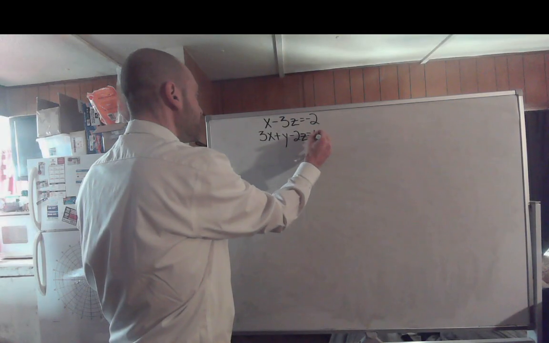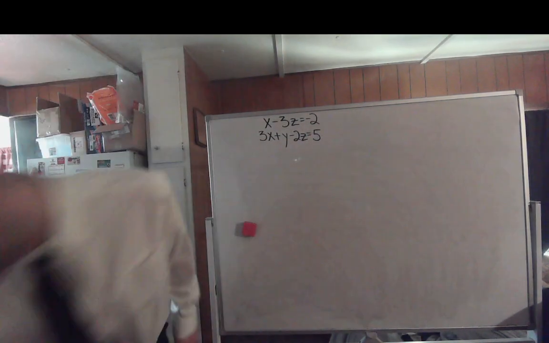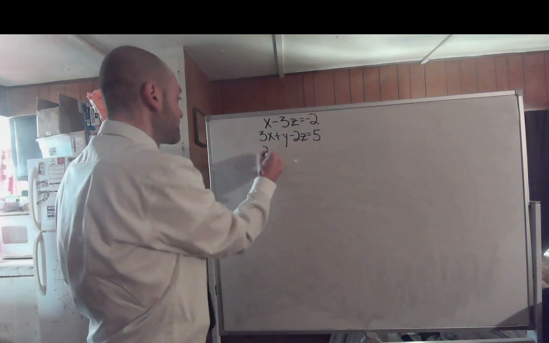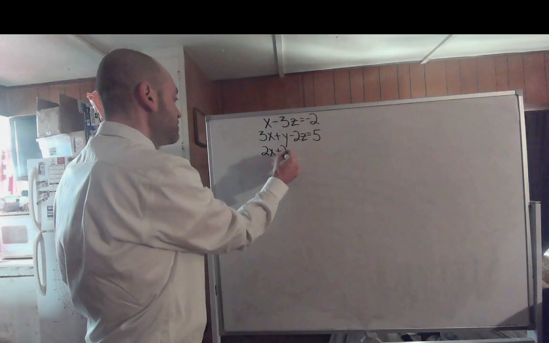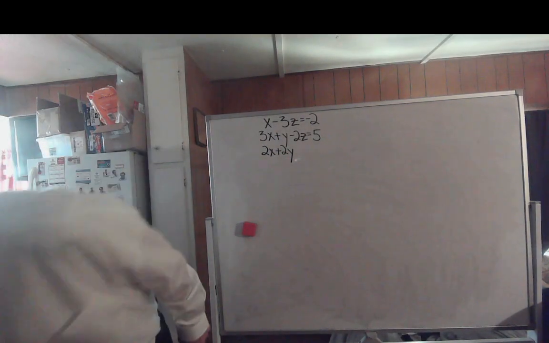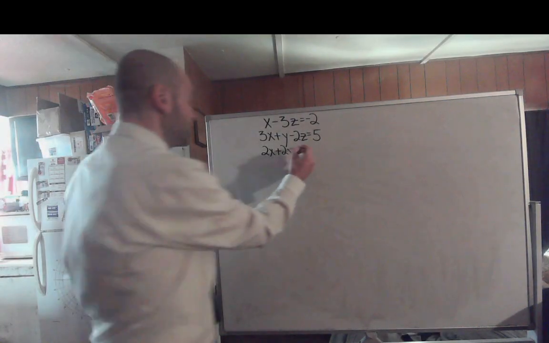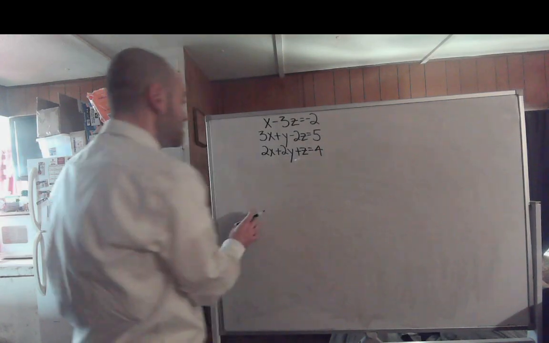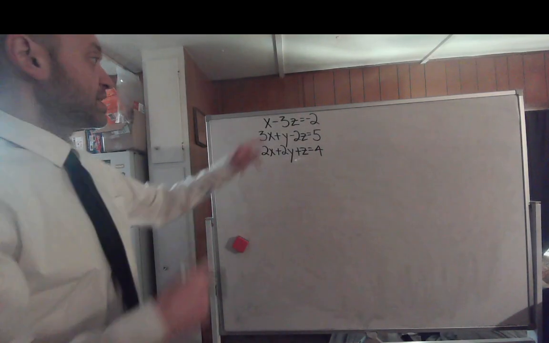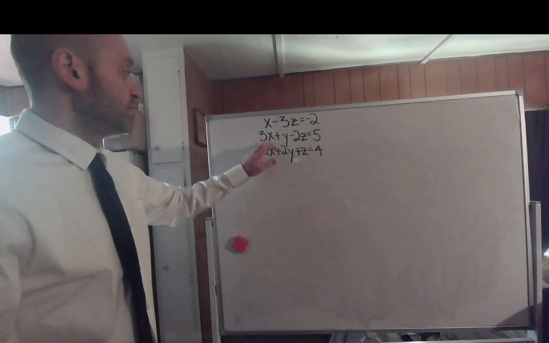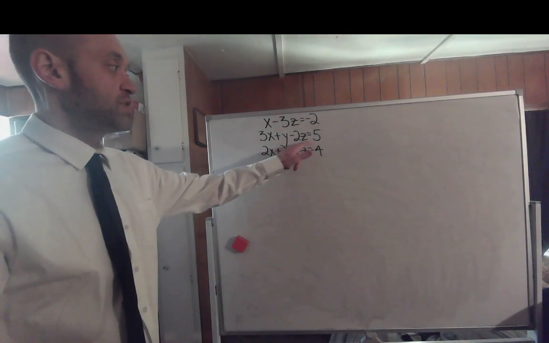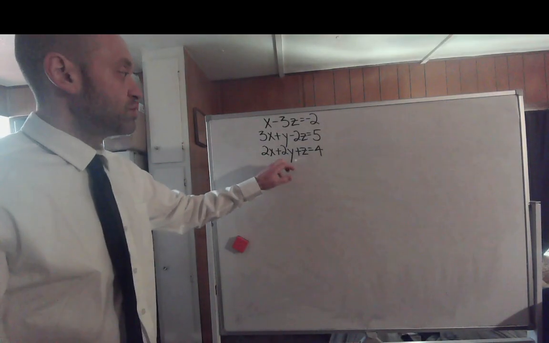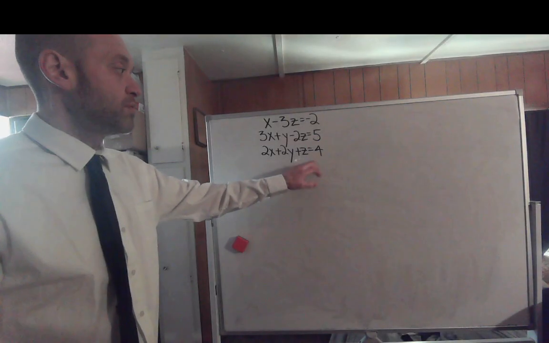It's just 5, okay. And then I have 2x plus 2y plus z equals 4. So I have x minus 3z equals negative 2, 3x plus y minus 2z equals 5, and then 2x plus 2y plus 2z equals 4.